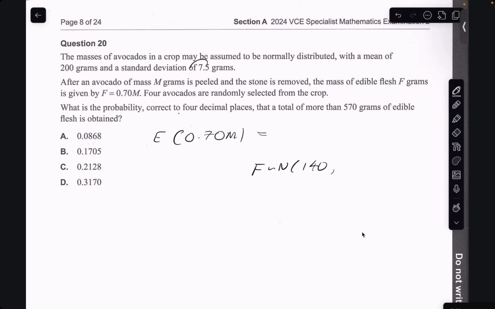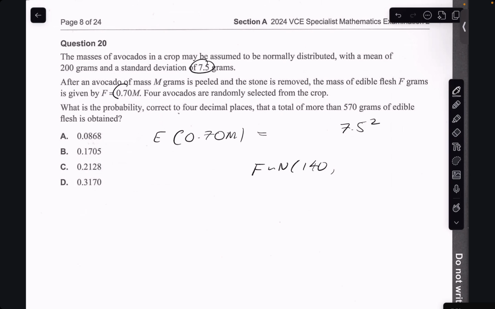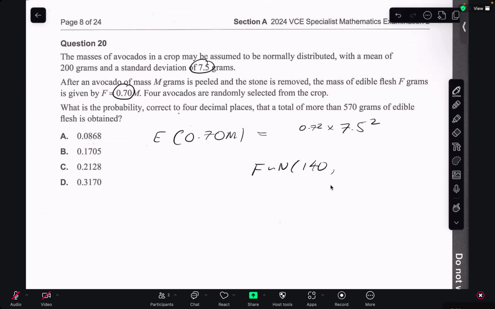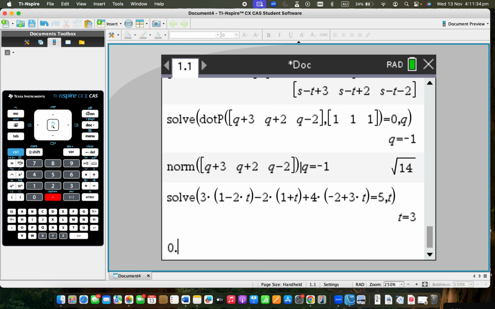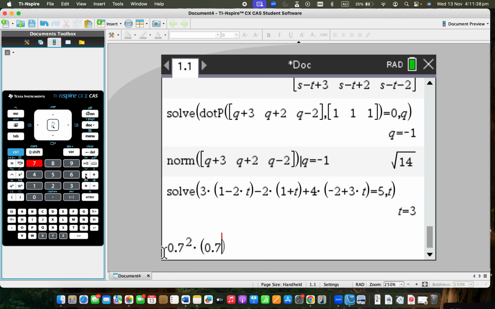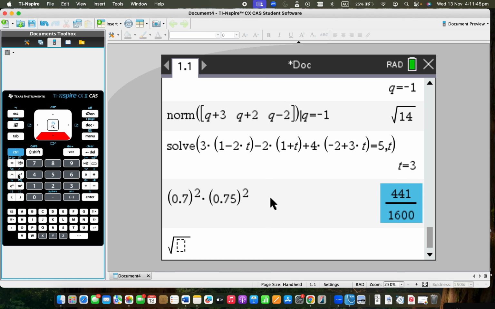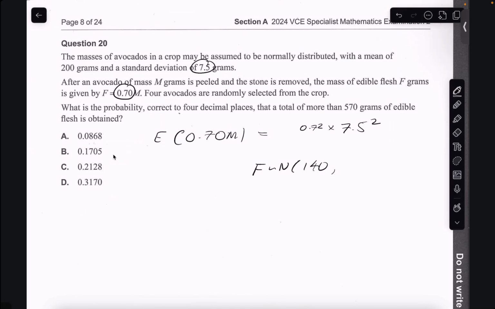And for the standard deviation, 7.5 squared is the variance, but we multiply by 0.7 squared to get the new variance. So 0.7 squared times 0.75 squared, that's the new variance, and if we square root that, then that's the standard deviation, 21 on 40.